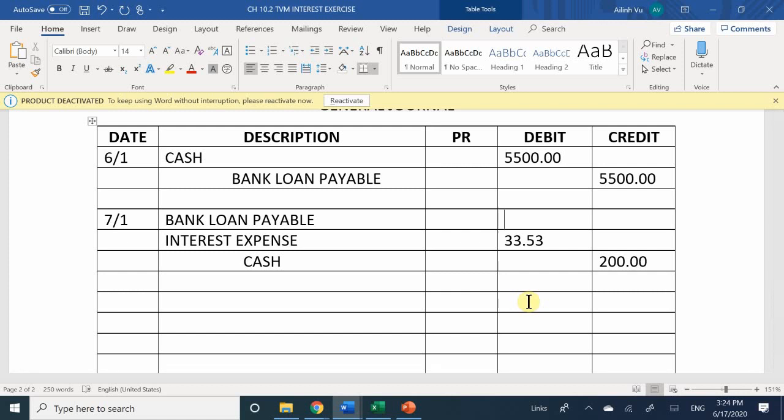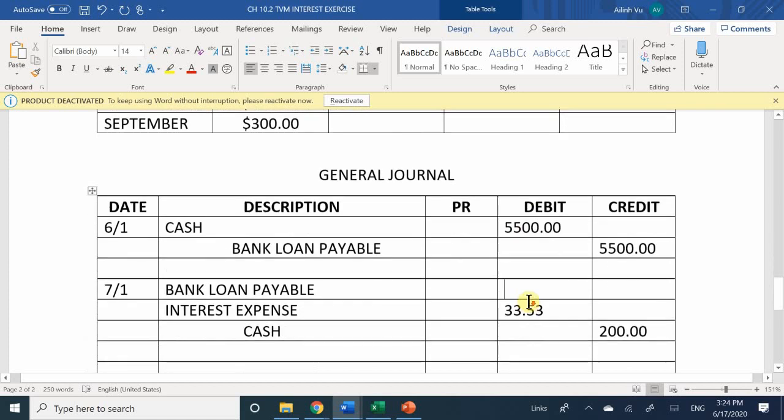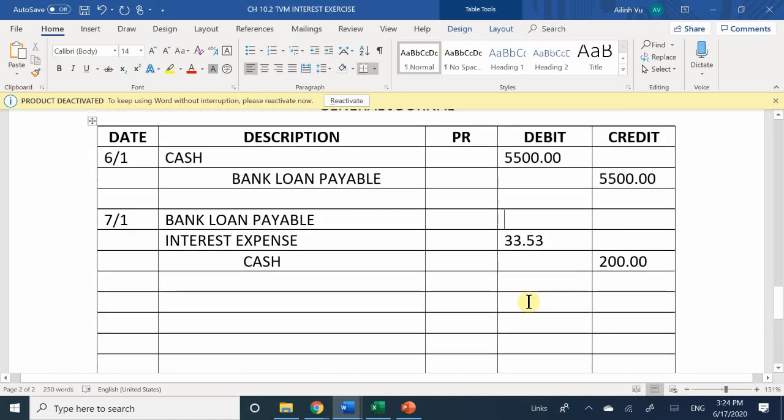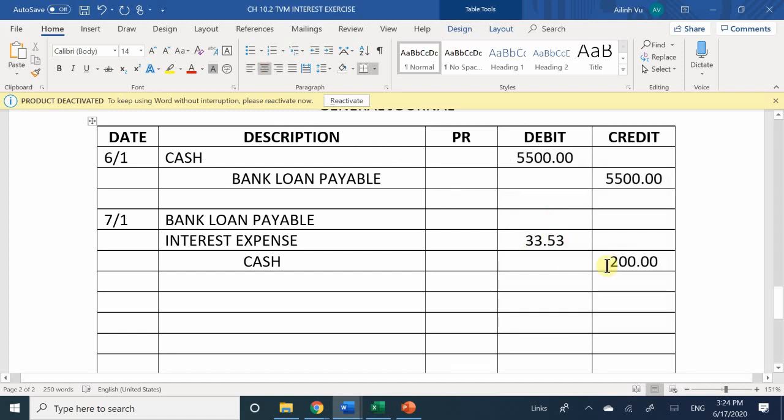So understanding that we made a payment of $200 for the month of July, how much of it actually is going to the loan? 200 minus 33.53 is 166.47, right?